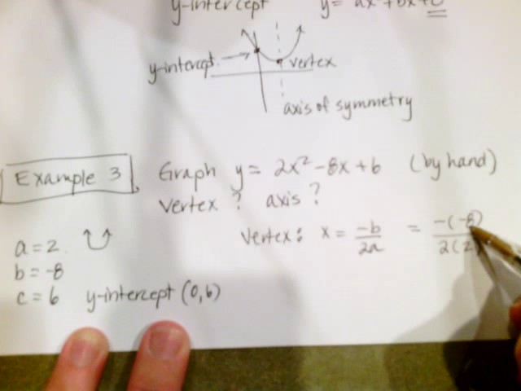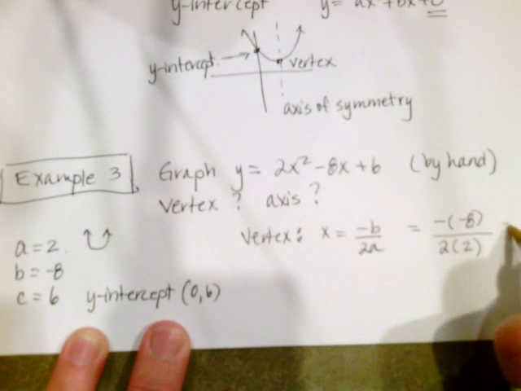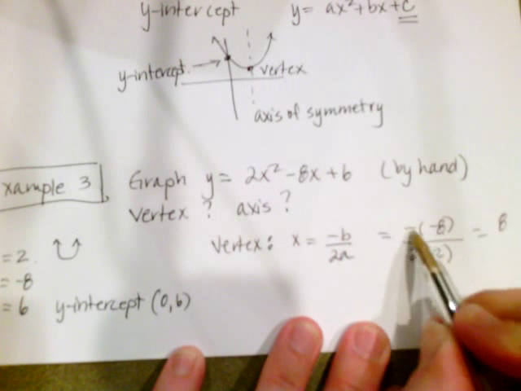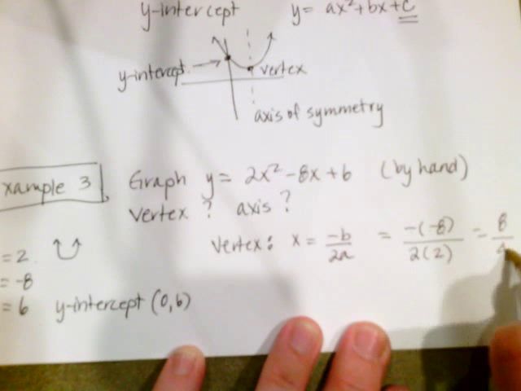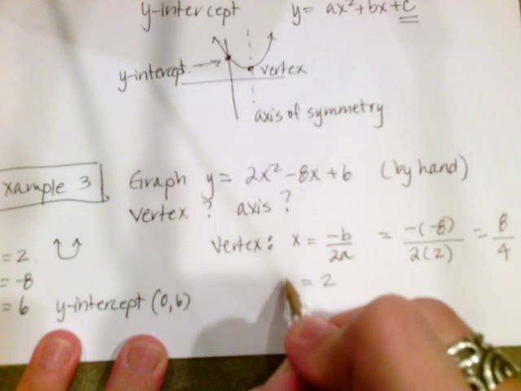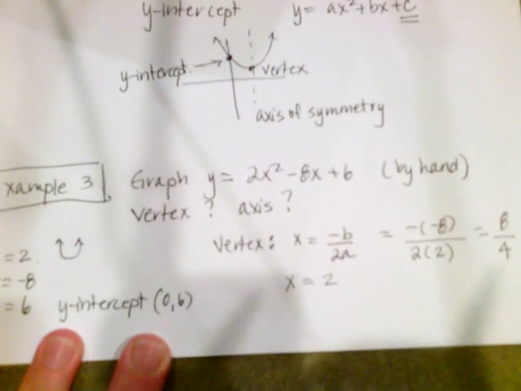So this is b, this is a. I'm going to simplify that math, and that's going to give me +8, because 2 negatives make a positive, over 4. And when I simplify that, I get 2. So I know that the x value of the vertex is 2.